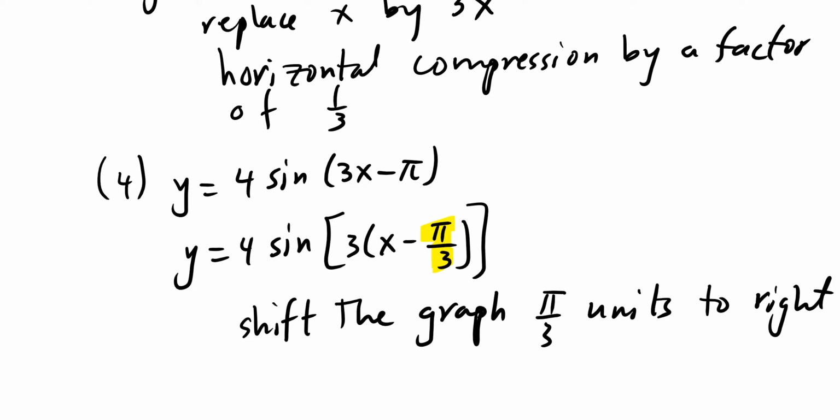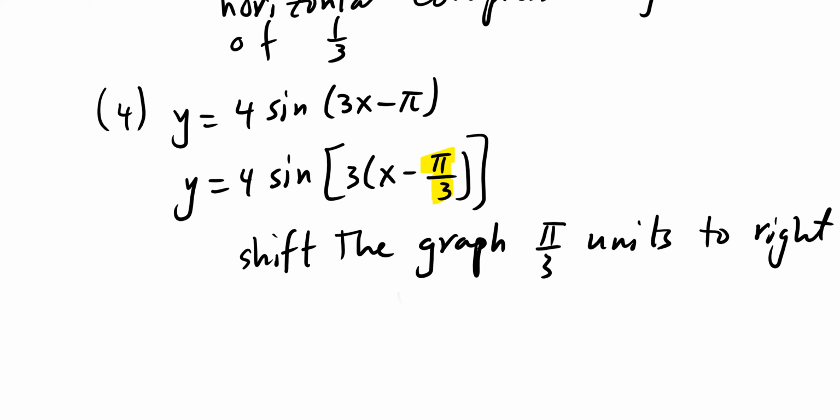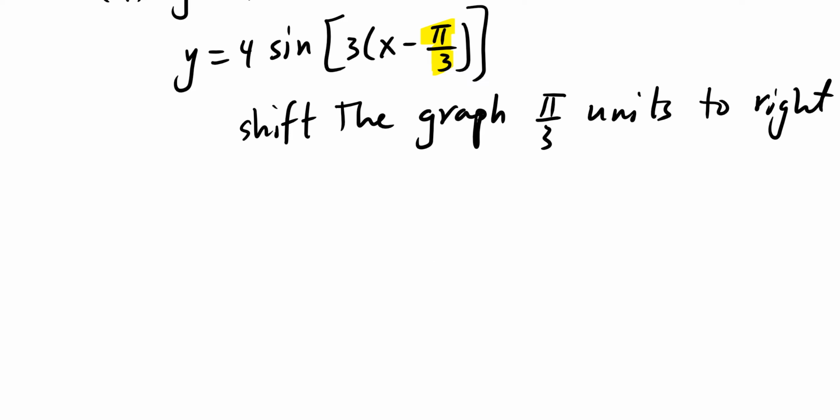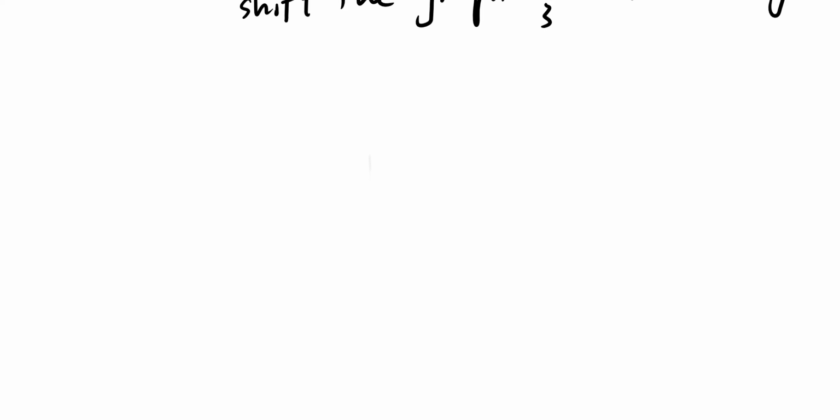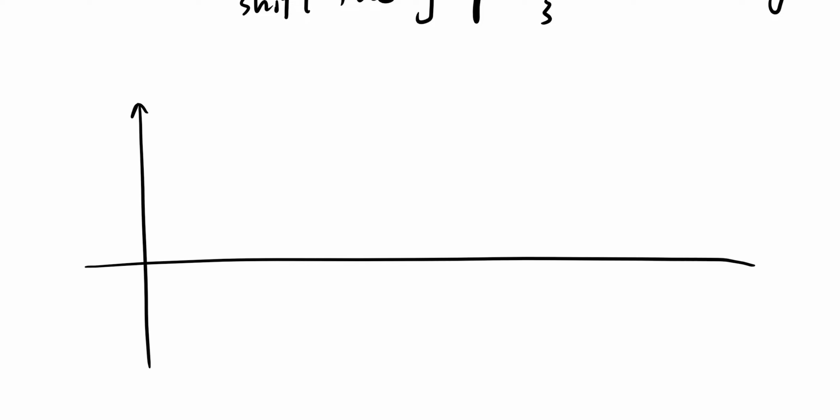And I'm gonna show you how we can graph this one. I'm going to apply all the 4 steps that I showed you above. So let's see how we apply them. I'm going to make this 2 pi, so that gives me enough space, and maybe move the arrow up.